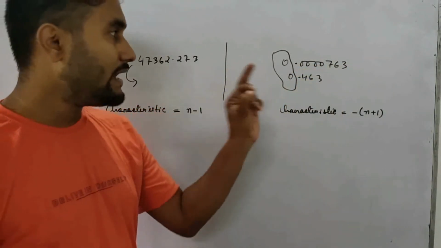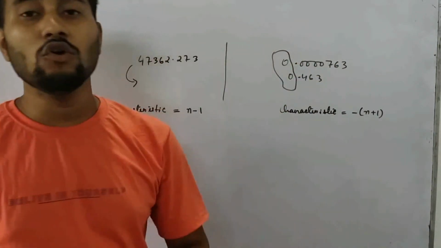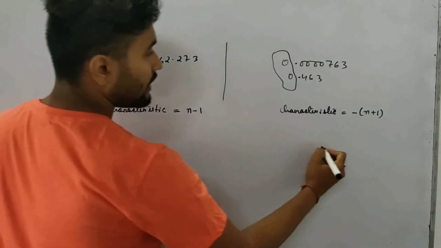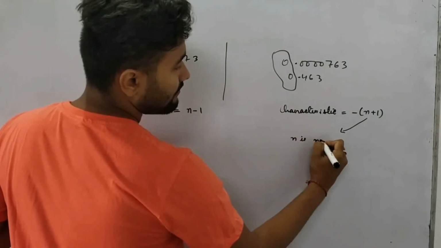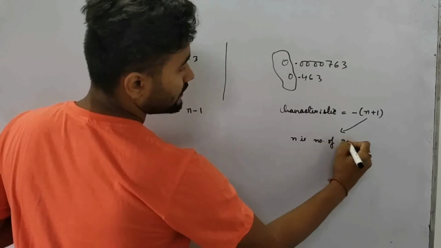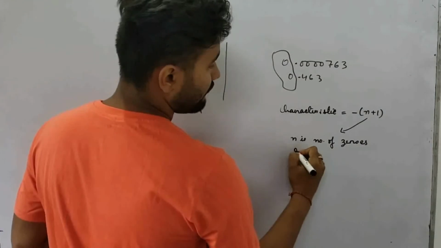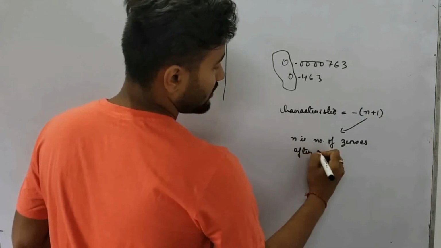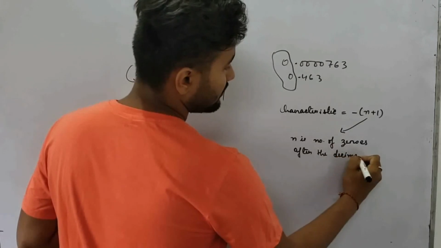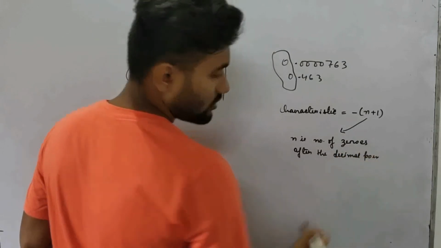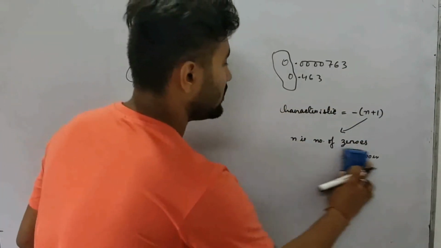Remember, n is the number of zeros after the decimal point. After the decimal point means not this side, so this way it will be incorrect.